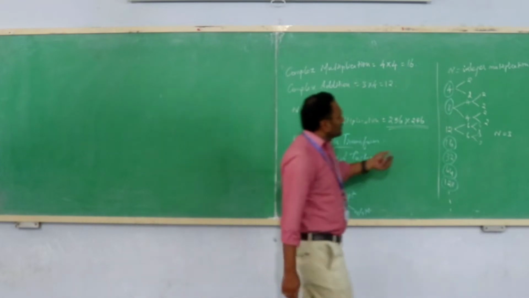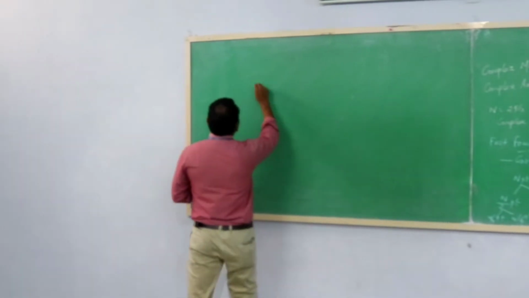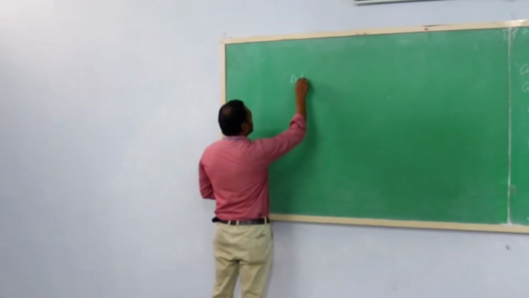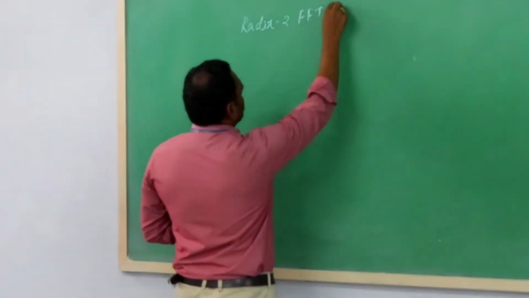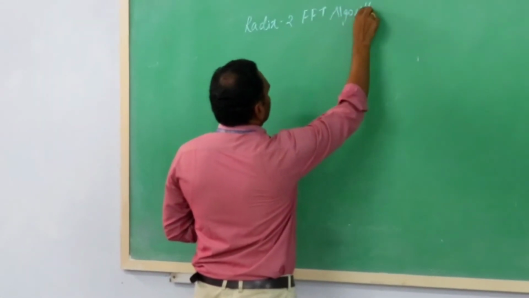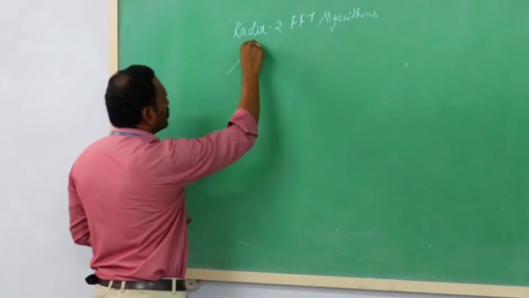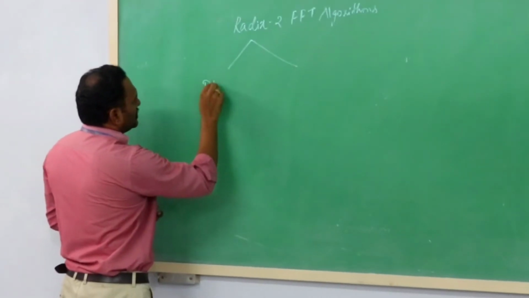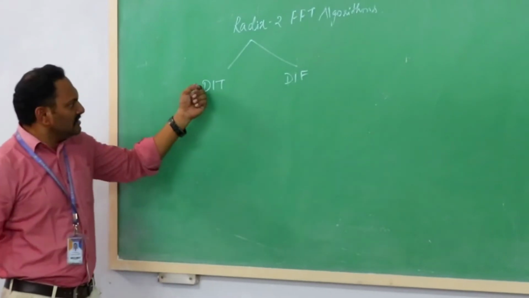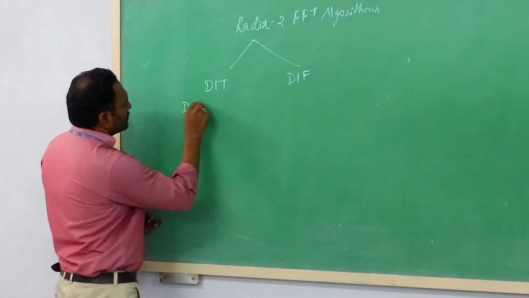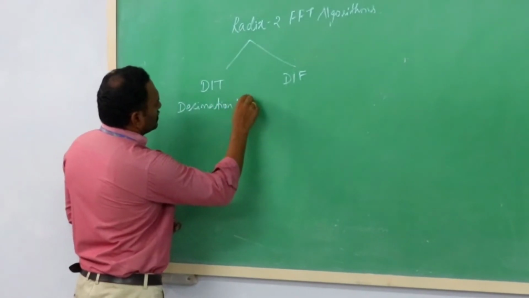Here, as I already said, since it is an integer power of 2, we call these radix-2 FFT algorithms. Here radix-2 has two classifications, DIT and DIF. Here DIT denotes decimation in time.